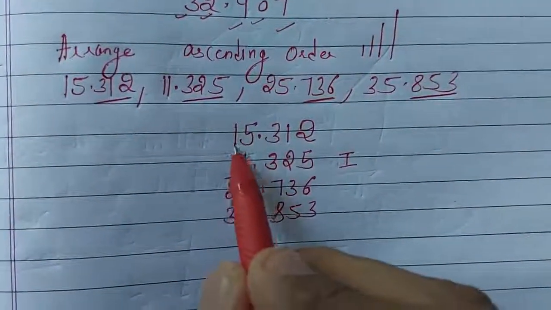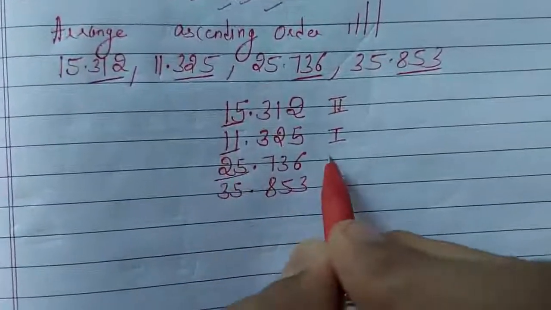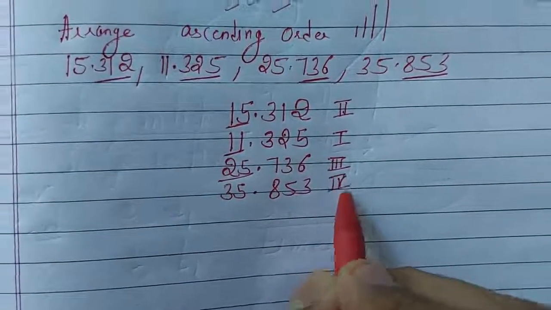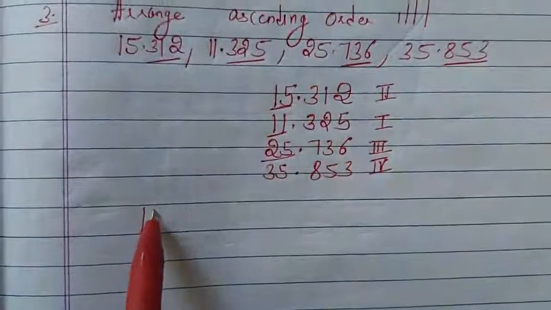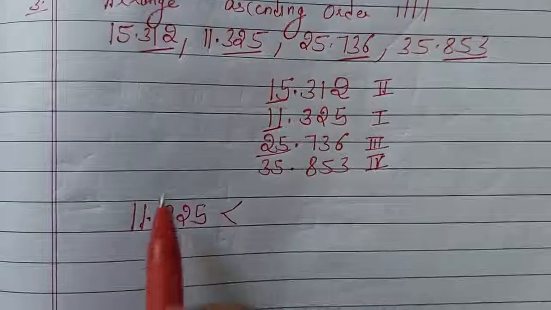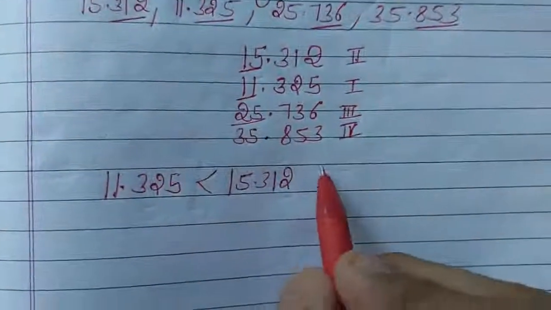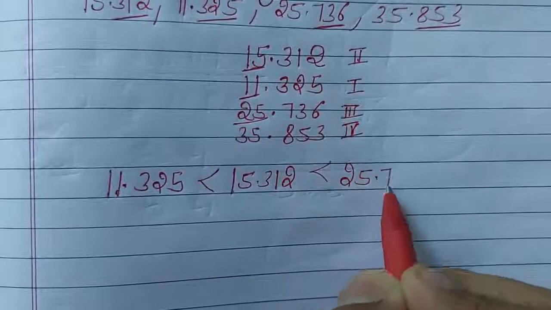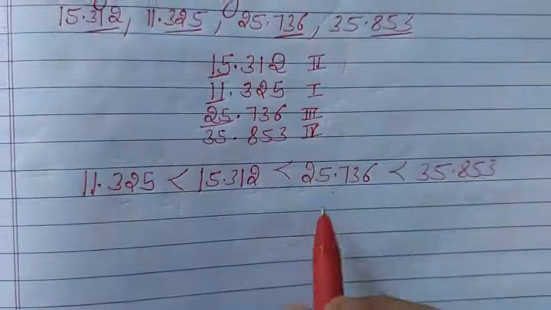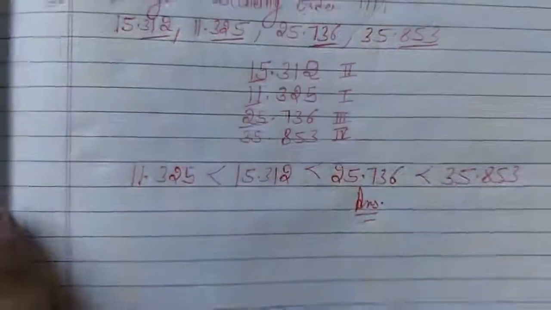Then from 11, 15 is bigger, and from 15, 25 is bigger, and from 25, 35 is bigger. You have to place the smaller number at the front. 11.325 is the smaller number. Then 15.312 is bigger, then 25.736 is bigger, and then 35.853 is the biggest. So this is the answer. You have placed all the numbers in ascending order.